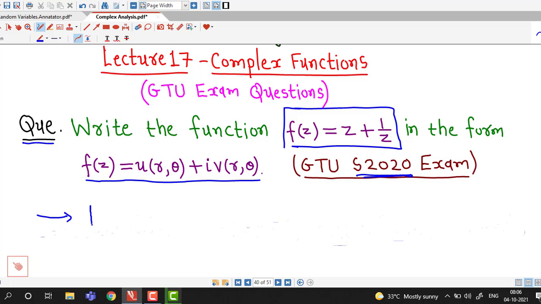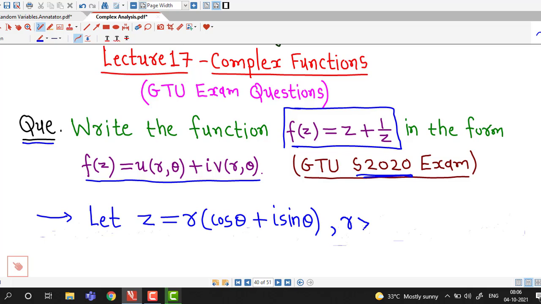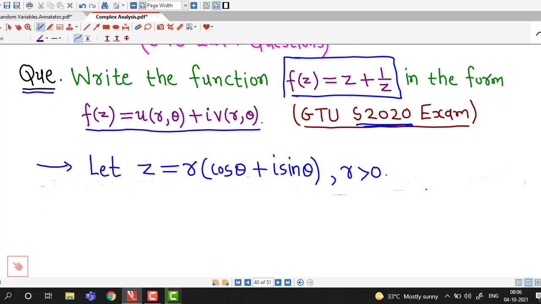So we assume that z equal to r times (cos theta plus i sin theta), and this z is non-zero, so we consider r greater than 0. r is the absolute value of z, and the absolute value of z is positive if and only if z is non-zero.